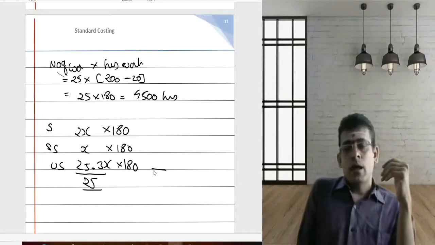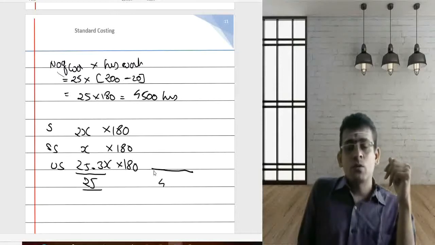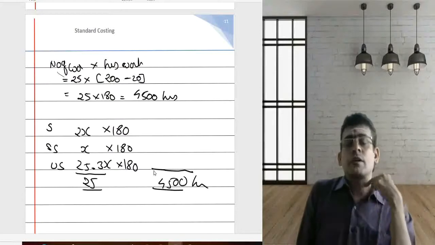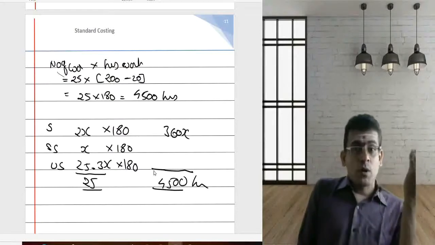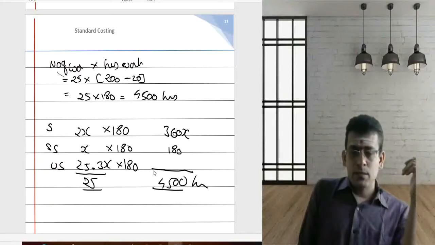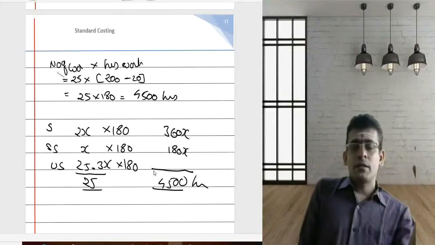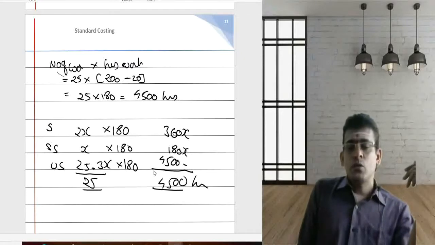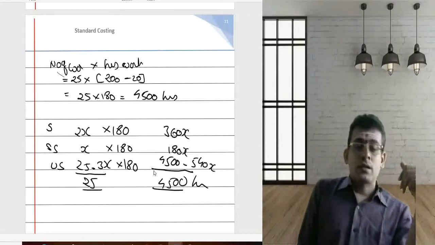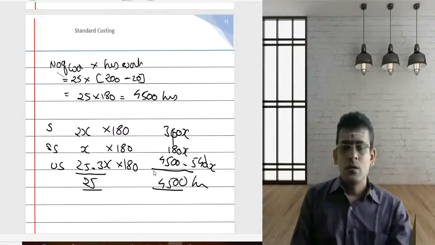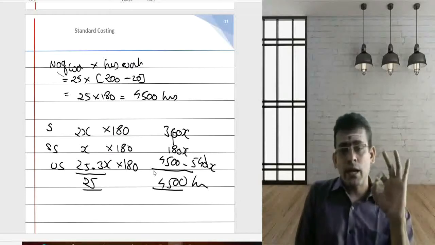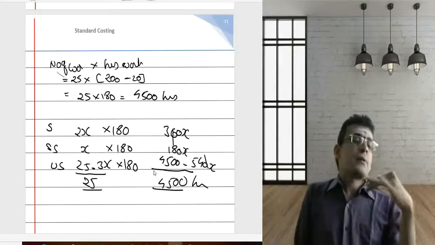Then also, as I know the total, the total is equal to 4,500 hours. 2x into 180, 360x, 180 into x, 180x, 25 into 180 you are getting 4,500, minus 180 into 3, you are getting 540x. Now this closed, x is gone. So even I cannot adopt working in this pattern. So we got stuck.